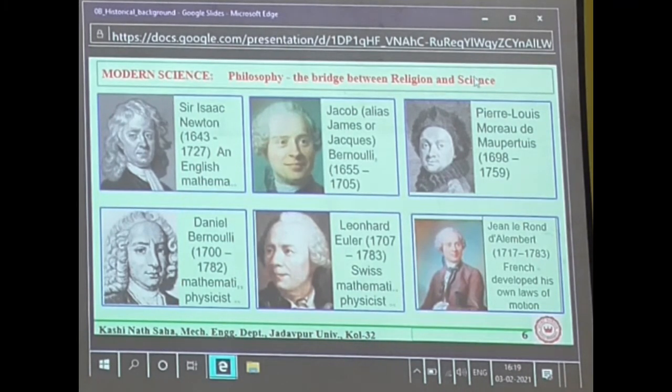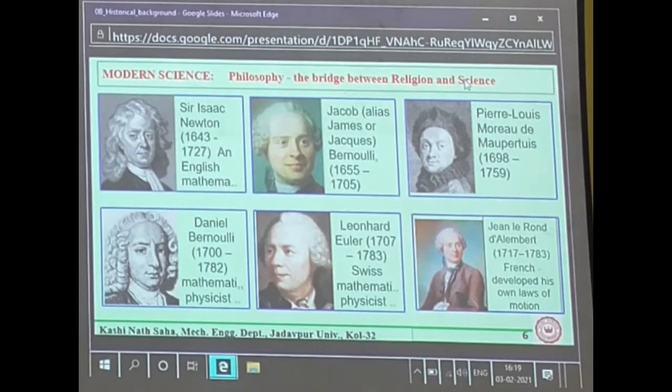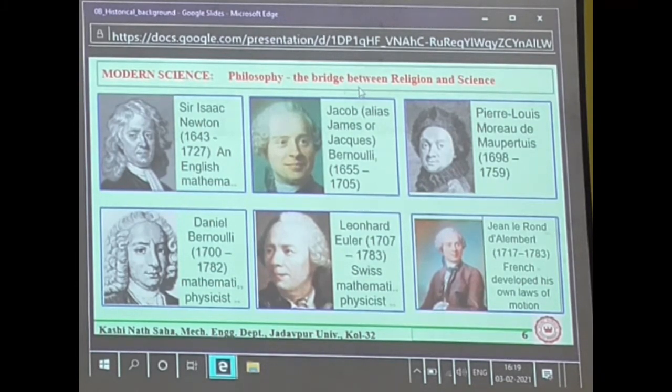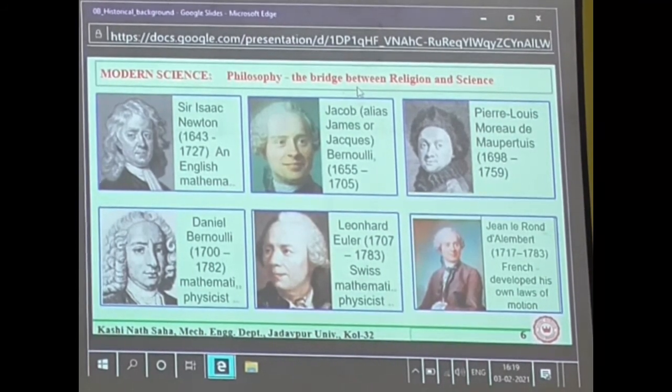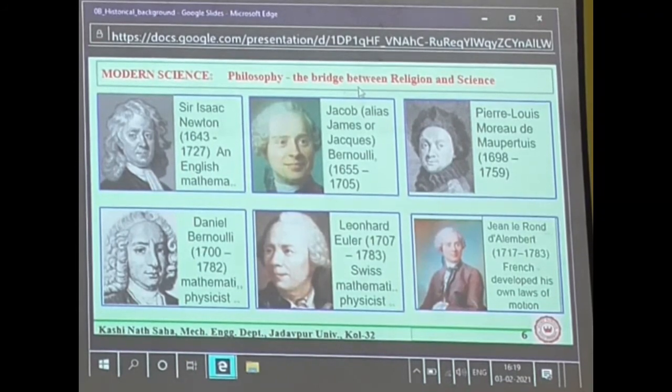So what scientists say is not in the domain of religion. What religious people say has nothing to do with science. So that could be established by the philosophers. So from that period, this conflict was not there. Because if two people say about two different things, how can there be conflict? So from that time, basically the development in modern science started. So this is basically the historical background.